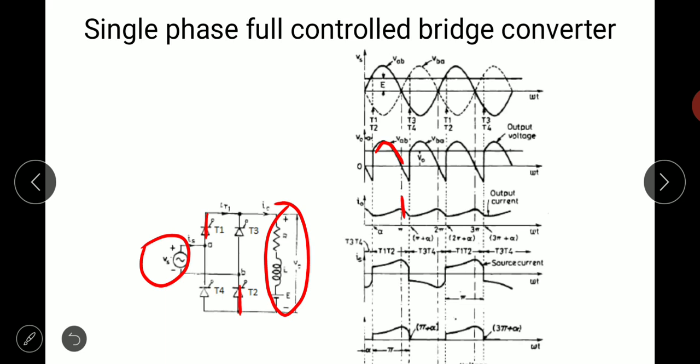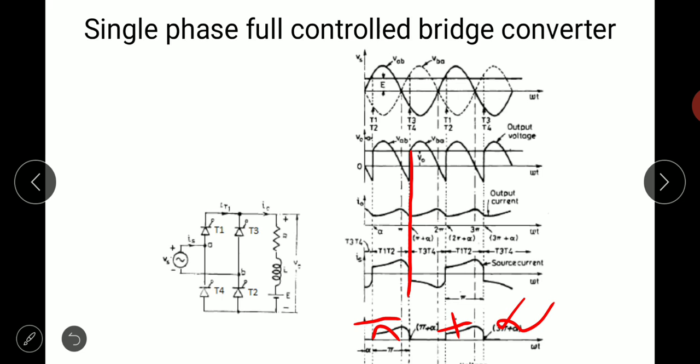Now, what we do is that at this instant, that is pi plus alpha, we have triggered our SCR T3 and T4.